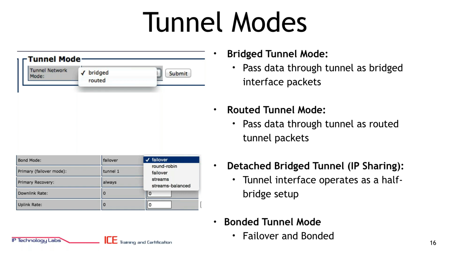A routed tunnel mode acts more like a traditional IPsec style tunnel, where we go through and we define networks that are on each side of the interface. One of the things that we've spent a lot of time on is when you run in a routed tunnel mode, all of the network configuration is handled by the server side.